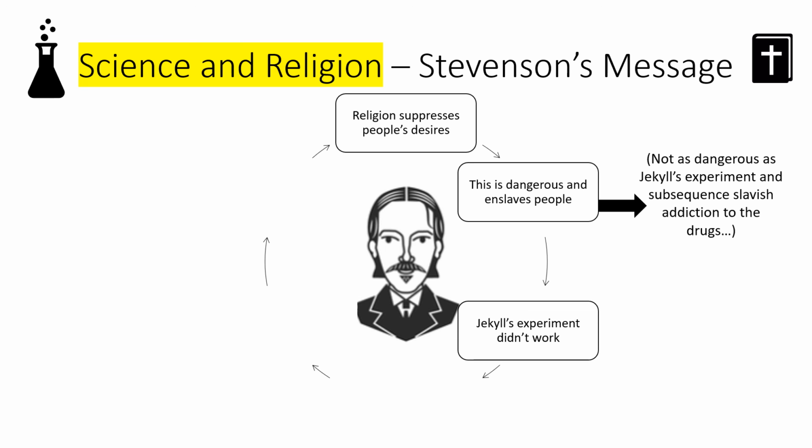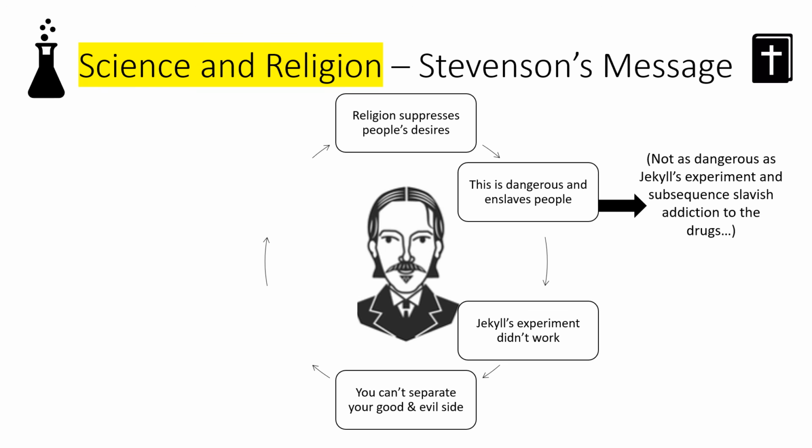So Jekyll's experiment didn't work, and that's obviously portrayed in the novel. He's not writing this novel to get you to try and invent some kind of potion that splits your good and evil side. And so if his experiment didn't work, perhaps you can't separate your good and evil side.